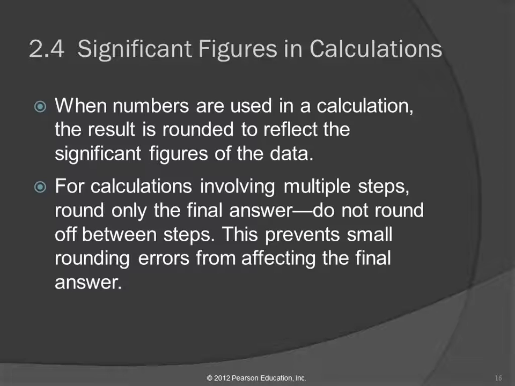So if we have multiple steps, sometimes you have to take two numbers and add them together and then divide them by something else and then raise them to an exponent or who knows what. We're only going to round the final answer. We really don't want to round off each individual step because that introduces its own form of error. It's called rounding error. So we want to avoid that.